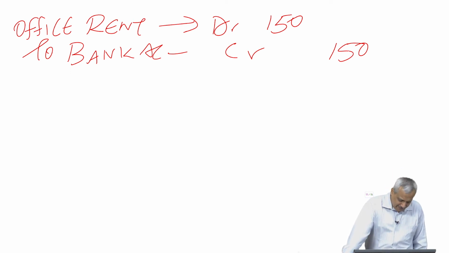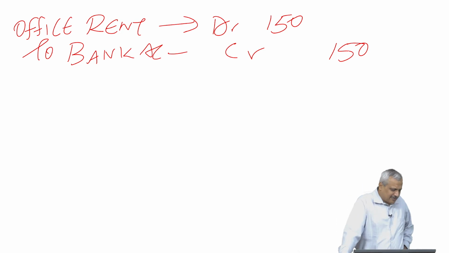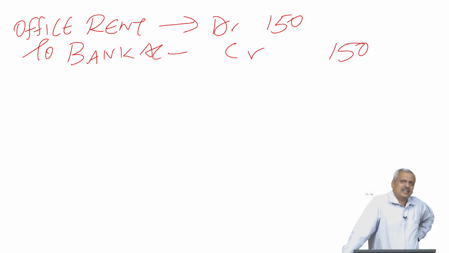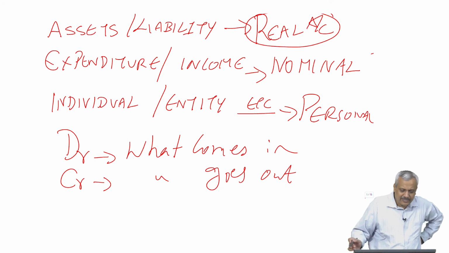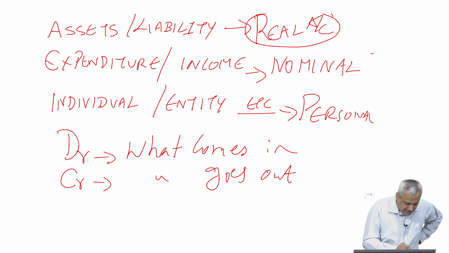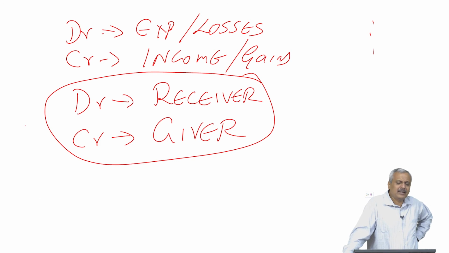So again I repeat, if I relook at this transaction, what happens? Office rent as such is an expenditure. It comes under the principle of the nominal account. Go back and check. In the nominal account principle, we say: debit all expenditure and losses, credit all incomes and gains.